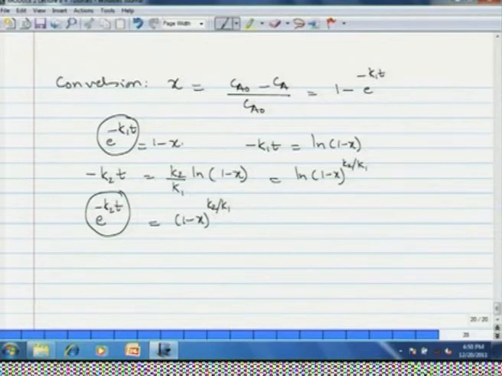And now, we substitute all expressions, substituting everything in the expression of selectivity.